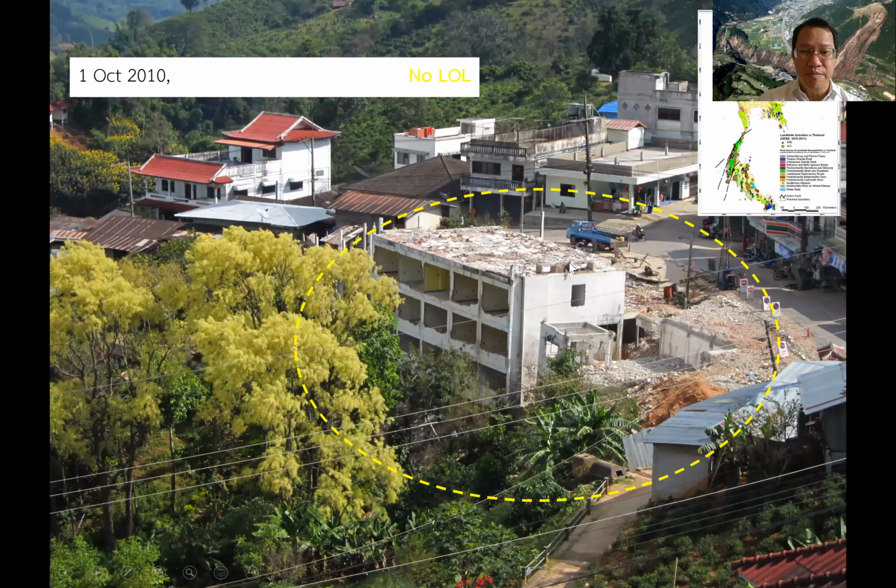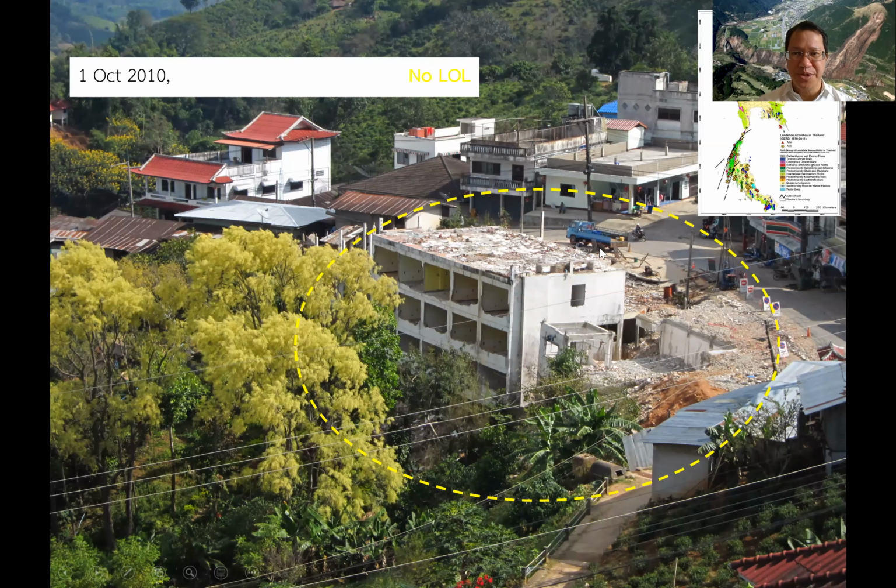This is another example, a hotel that was built near the top of the mountain. This is the mountain ridge, which was built as a road, and this hotel is located nearby the ridge.